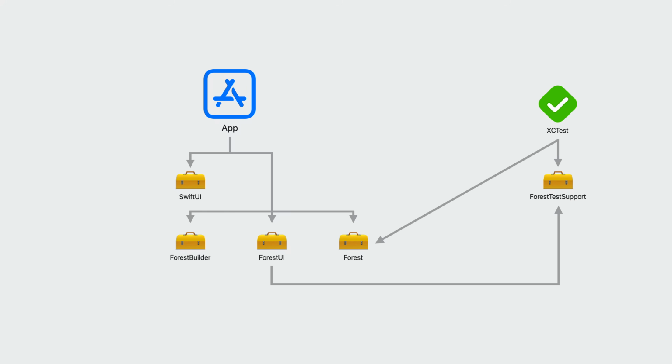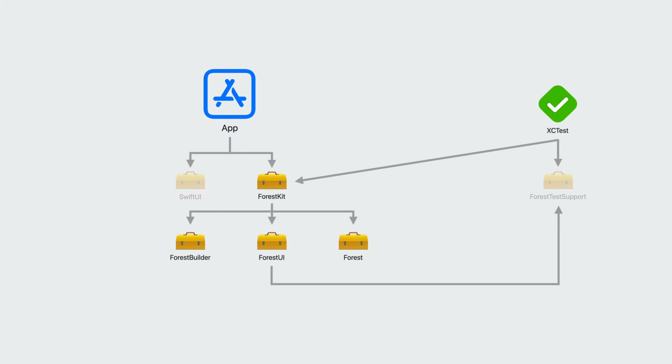To leverage mergeable libraries, I'll isolate the app dependencies for the 3 Forest frameworks. I'll create a framework, ForestKit, that merges the libraries I need for the app, but will also satisfy my test dependency. ForestKit is considered a group library because it'll encapsulate the mergeable libraries both my app and tests depend on.